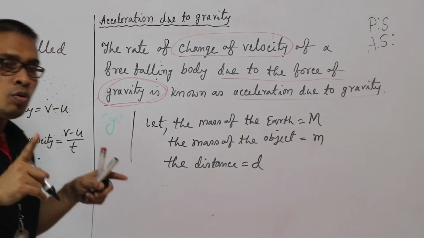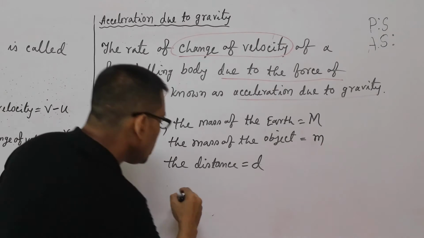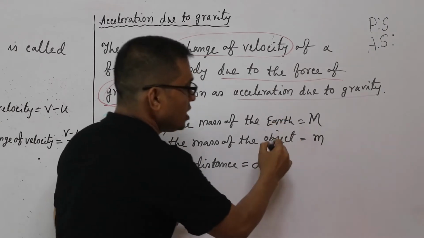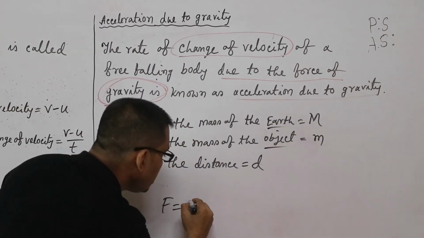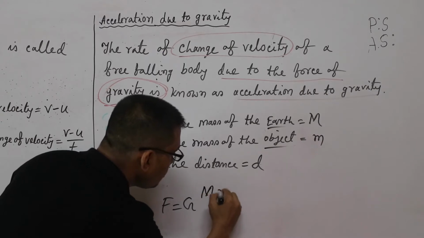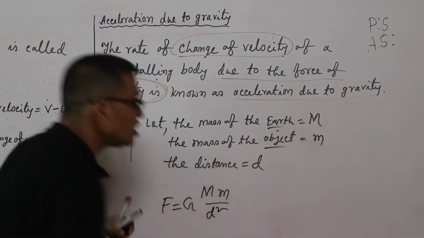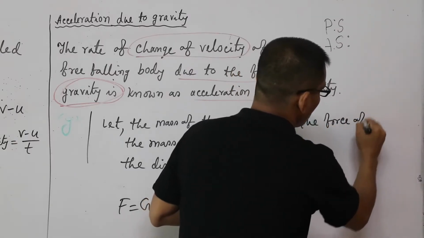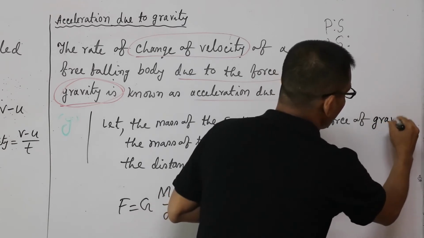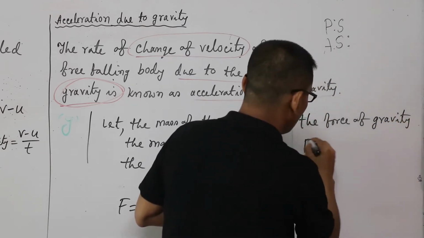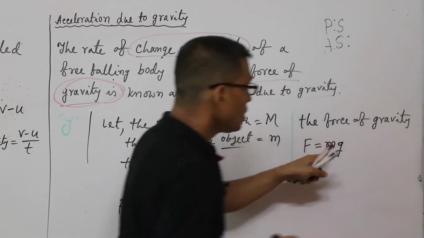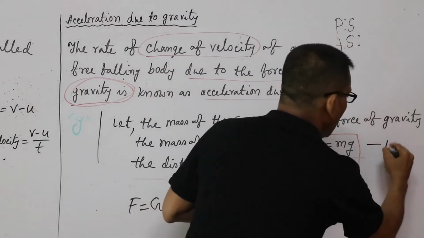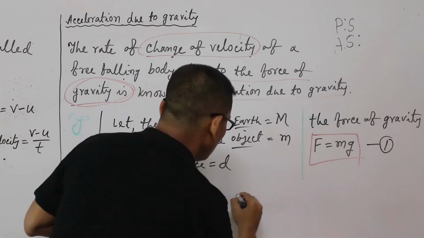Now according to Newton's law of gravitation, we can write the force between the earth and this object will be G M m by d square. Again the force of gravity F equal mg, mass and acceleration due to gravity. This is equation 1 and this is equation 2.